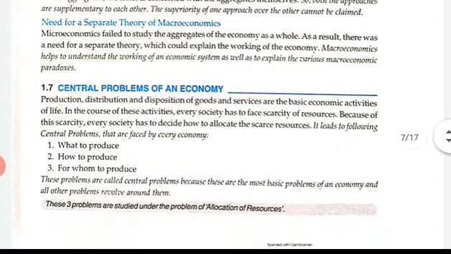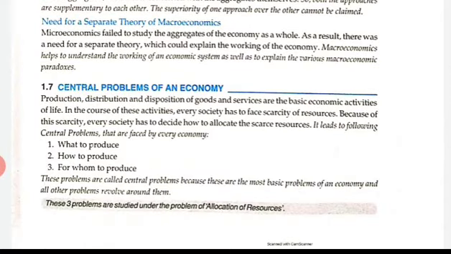Okay children, after that we are going to discuss the central problems of an economy. As we have already discussed, production, distribution and disposition of goods and services are the basic economic activities. In the course of these activities, every society has to face the scarcity of resources.